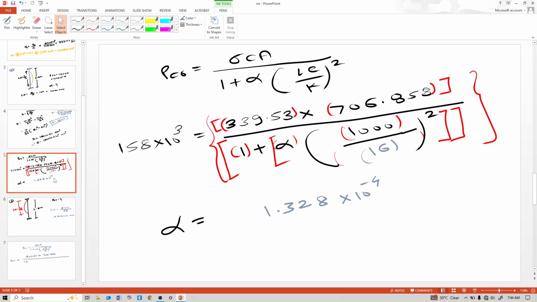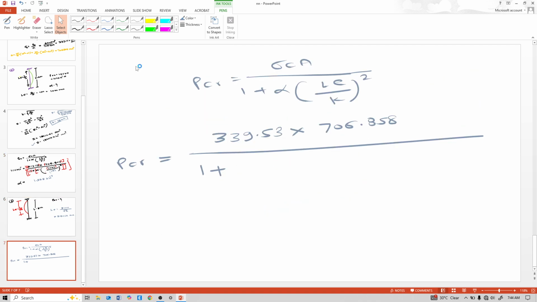This alpha we calculated, 1.328 into 10 raised to minus 4, into LE.